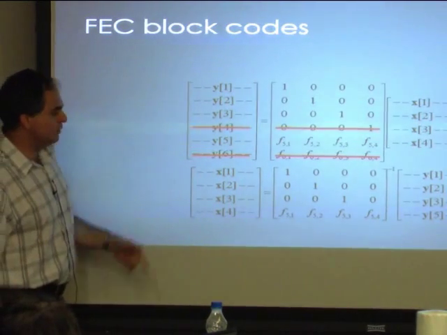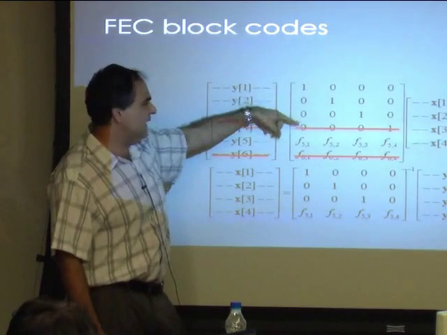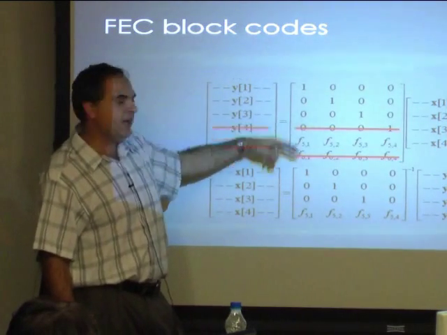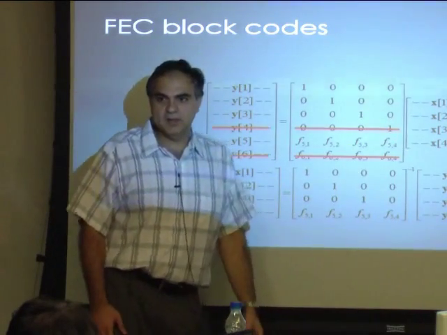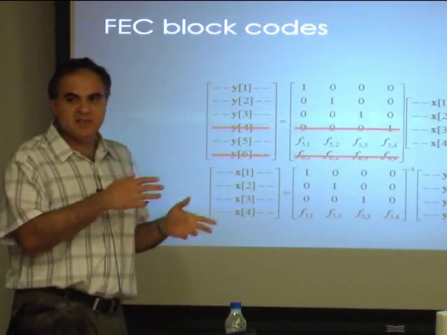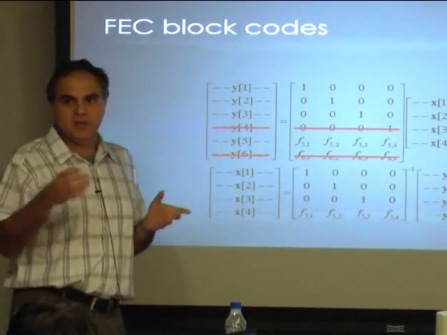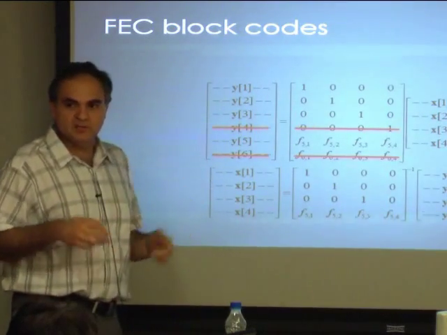Let's say you lose these two, and then recovery is easy. You just take the rows of the matrix corresponding to the packets you received, do a simple matrix inversion, and you can recover, right? The only difference is this is not actual integer math; it's operating on fields.